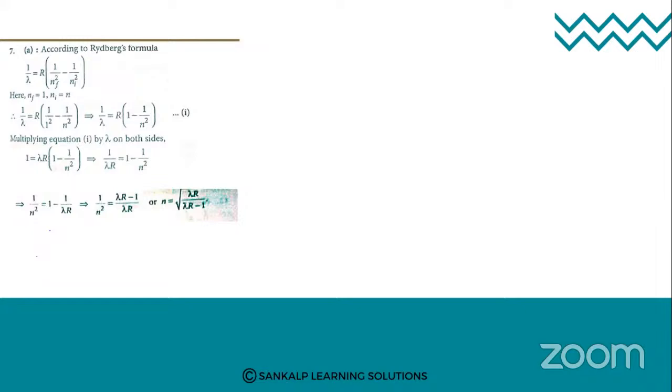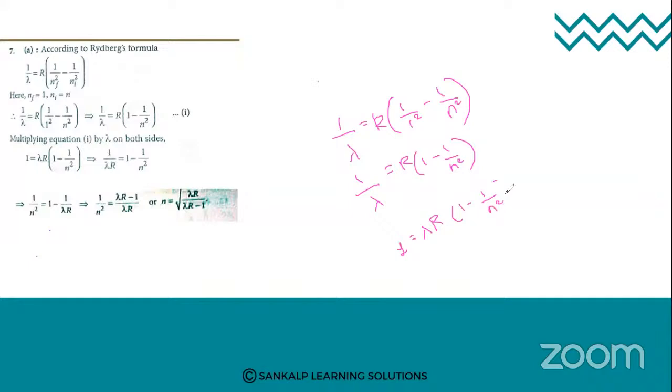Substituting, 1 by lambda is equal to R into bracket 1 square minus 1 upon n square. So 1 square will be 1. Therefore, 1 by lambda is equal to R into bracket 1 minus 1 upon n square. So lambda R is equal to lambda into R into bracket 1 minus 1 by n square. Here we can just transfer this.